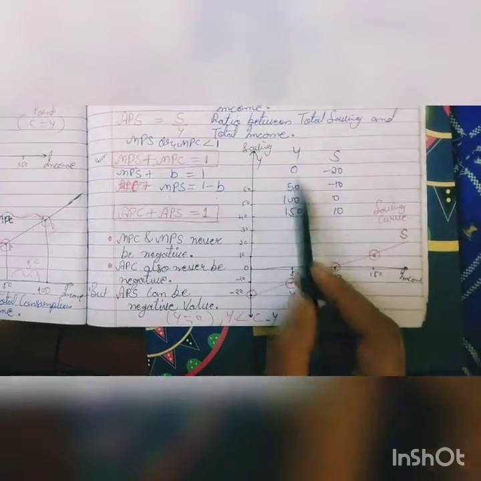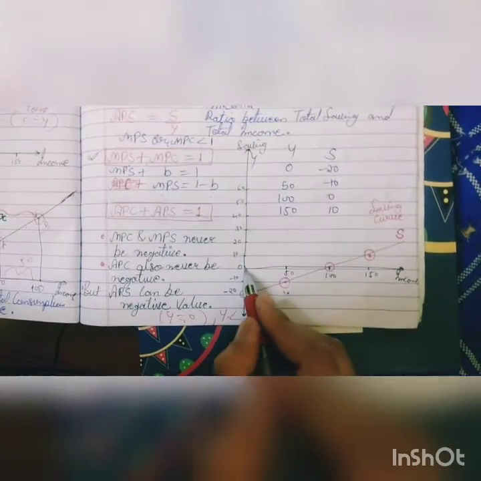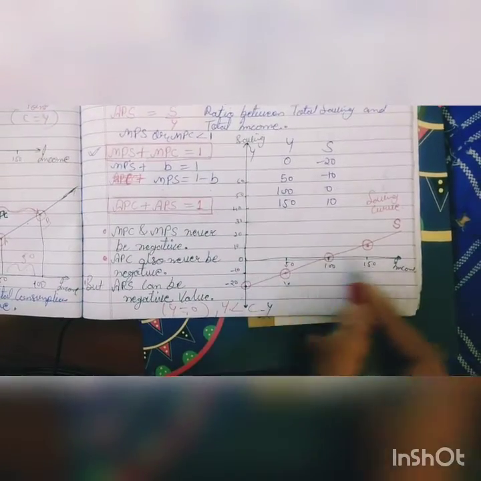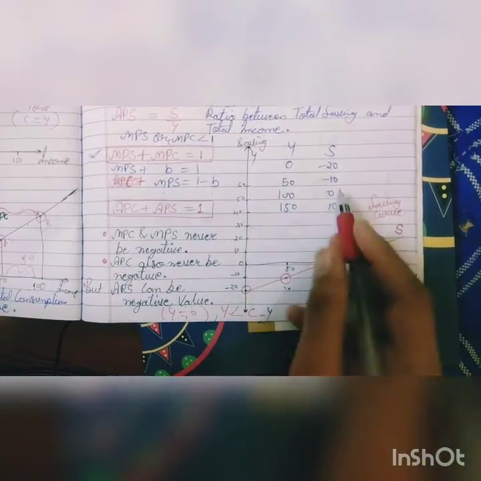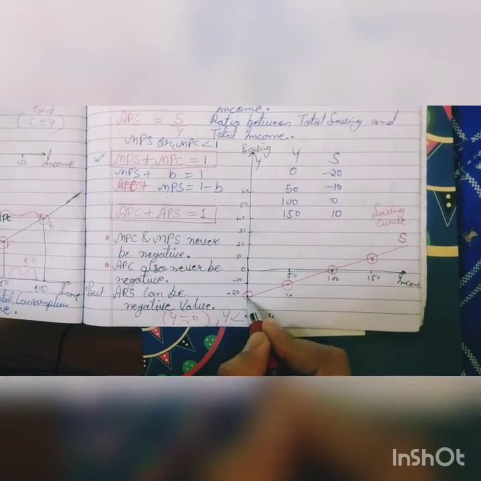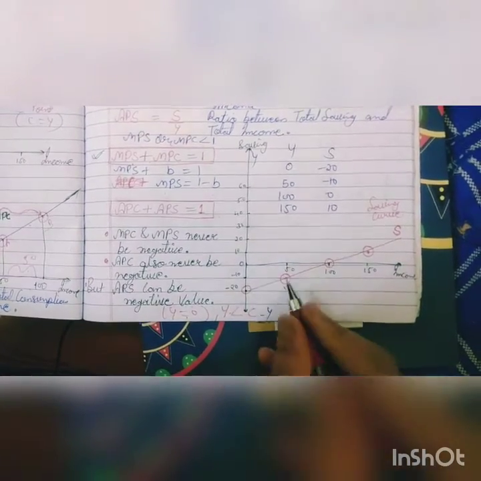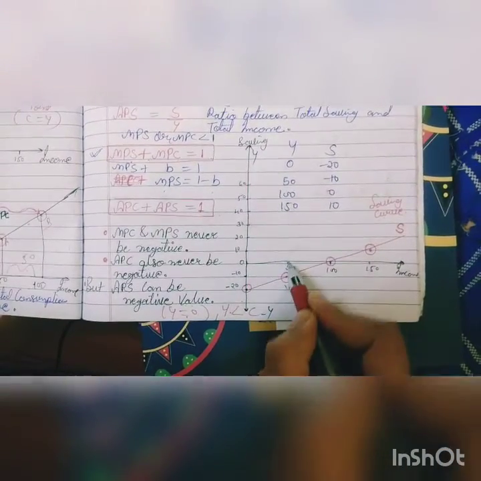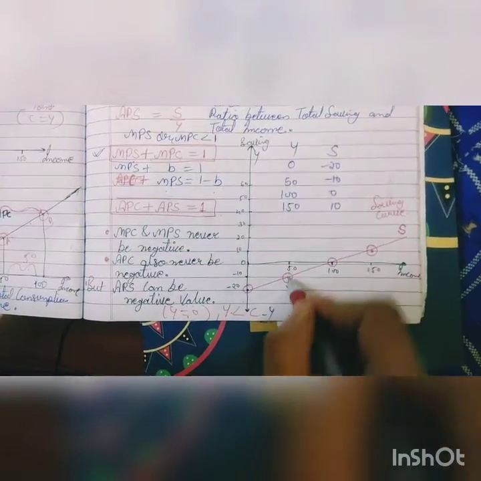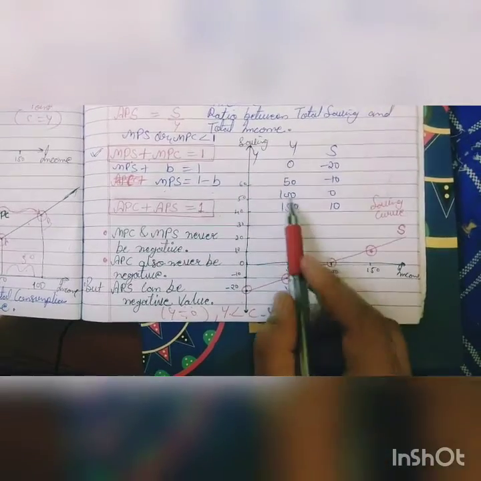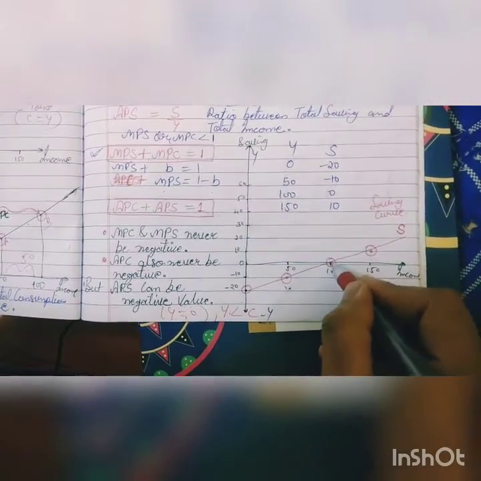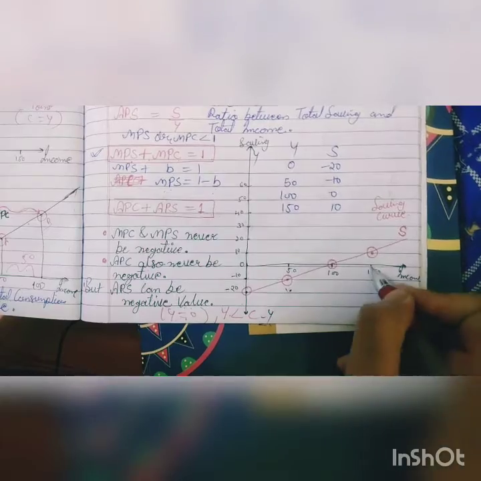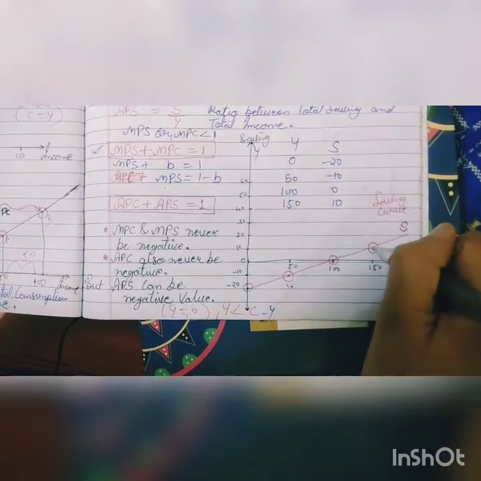Now see, income 0, saving minus 20, and we put the dot. After that, income 50 but saving minus 10, so we put the dot. After that, income 100 and saving 0. After that, income 150 and saving a positive value of 10.